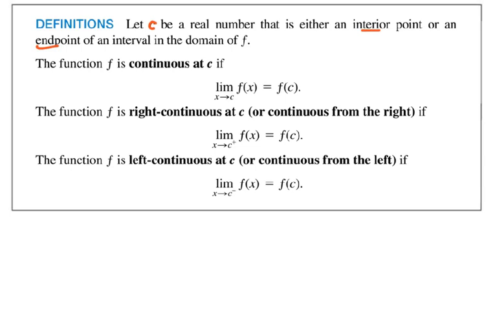The function f is continuous at C if the limit as we approach that number matches the function value, the output we get if we plug C into the function. And we can also have right-hand continuous and left-hand continuous. But the main idea for continuity is that the limit value matches the function output value.